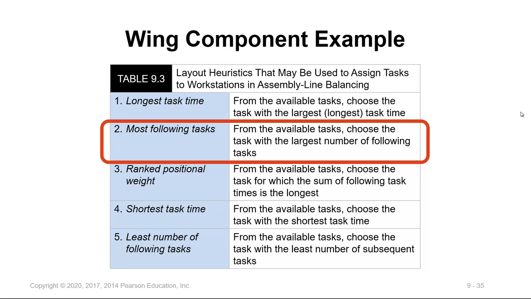The heuristic that we will use in this is the most following tasks. So from the available tasks, we choose the task with the largest number of following tasks, and that's the layout heuristic that we are going to use.